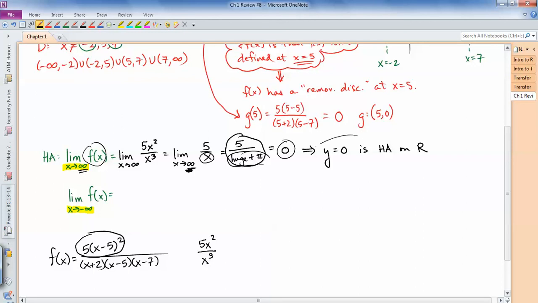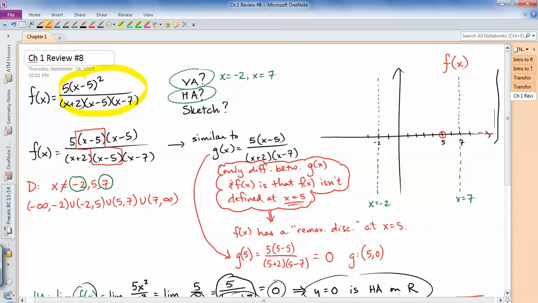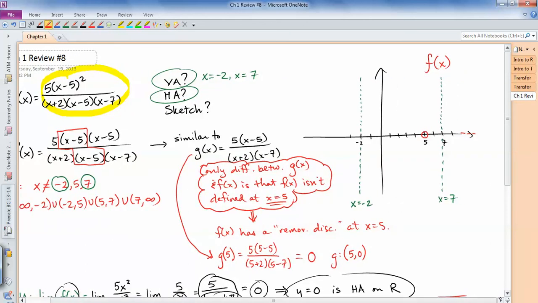So up here in my graph, I will sketch a little dotted line on the right side and say y equals 0.